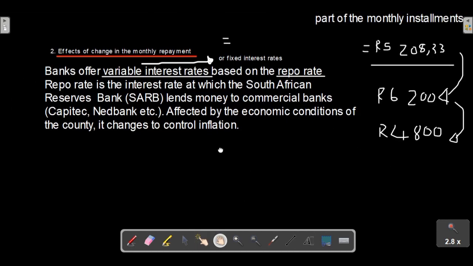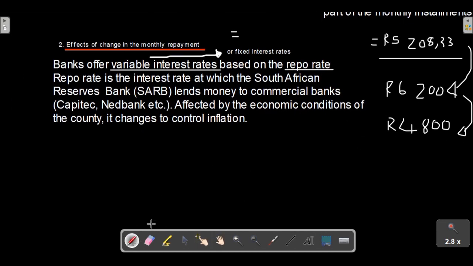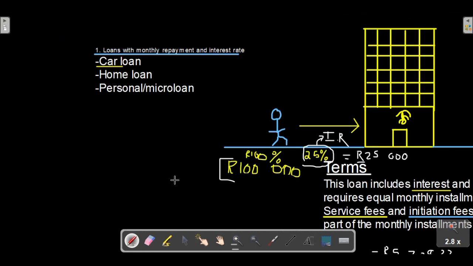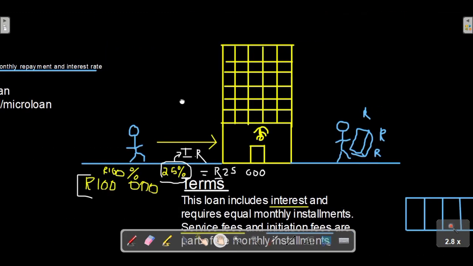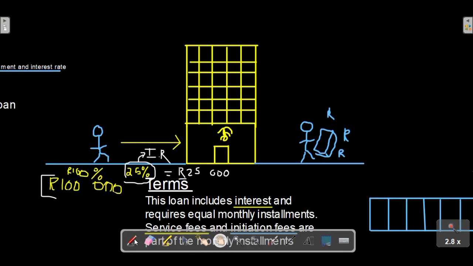Okay, so for those of you who don't know what a repo rate is, we said that these banks, your Nedbank, your FNB, and so on, borrow money from the South African Reserve Bank.